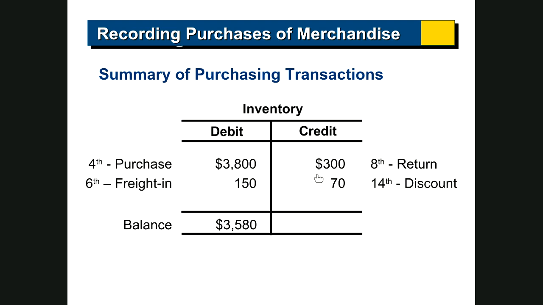Then you paid $150 for the freight, which adds to the inventory. Anything you pay to ship the inventory to your place when you're buying adds to the inventory, and the discount is subtracted. Clear? Okay, this is the inventory T account.